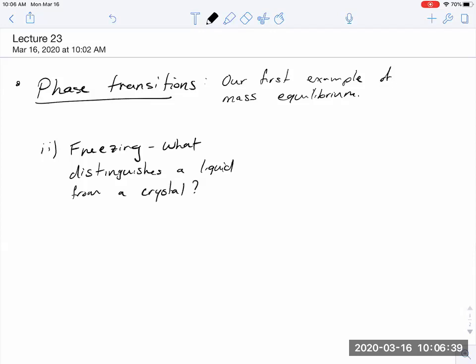Another way to say that is, what is a good order parameter for this transition?